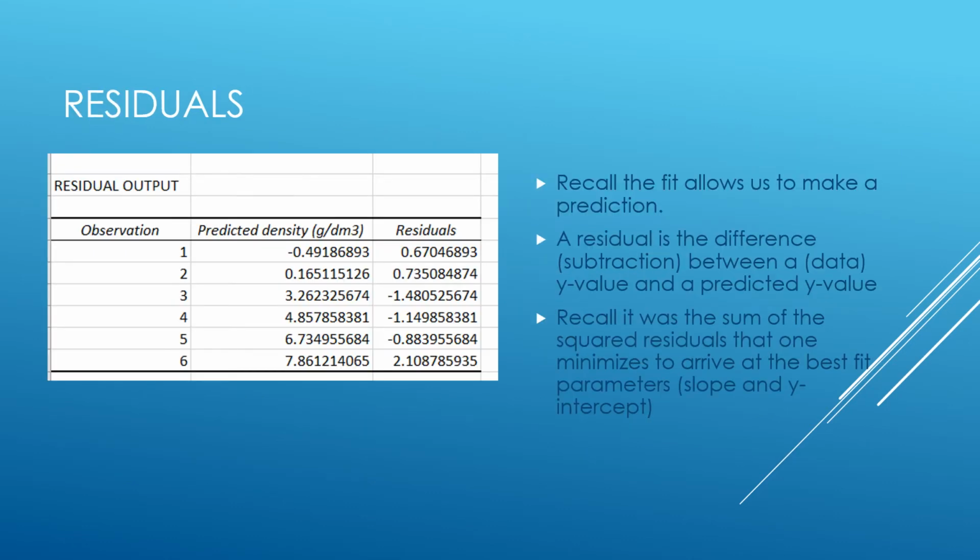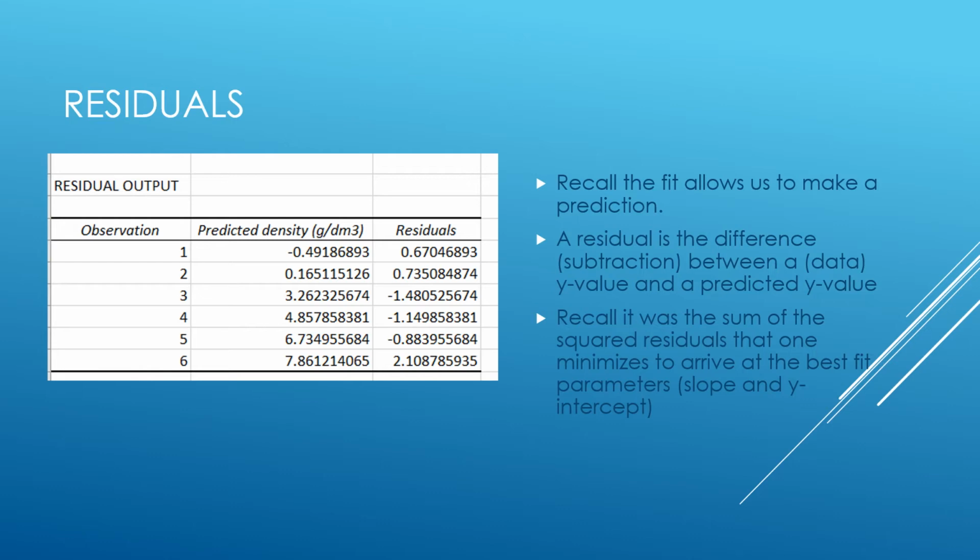We checked off residual and residual plot in the dialog box, and so here are the residuals we requested. Recall that the fit allows us to make a prediction, and a residual is the difference, subtraction, between a data value of y and a predicted value of y.